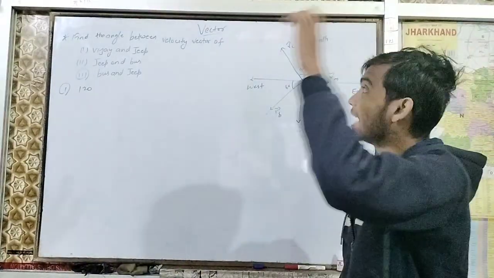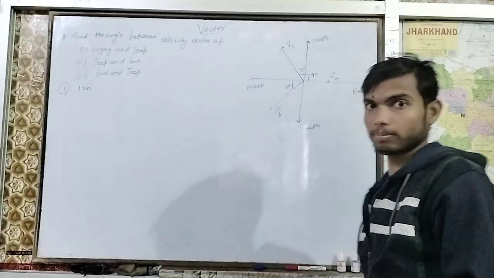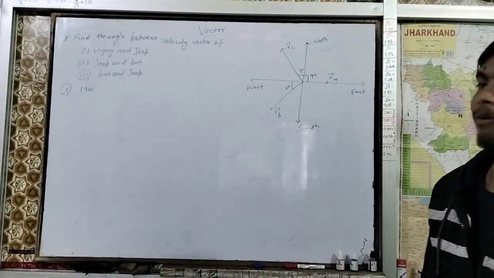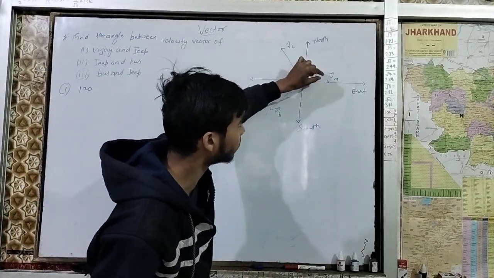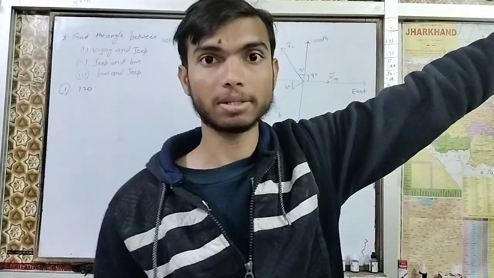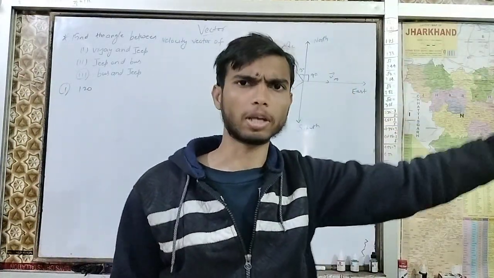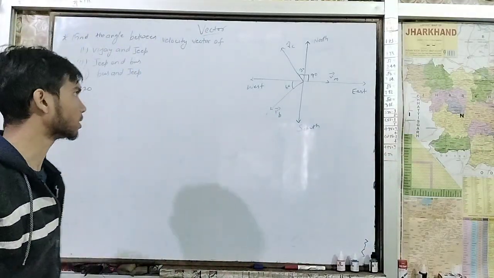The question was asking to find the angle. It is not asking for velocity. Vijay was going in the east direction with some velocity, no problem, but the main question is to find the angle, not velocity.